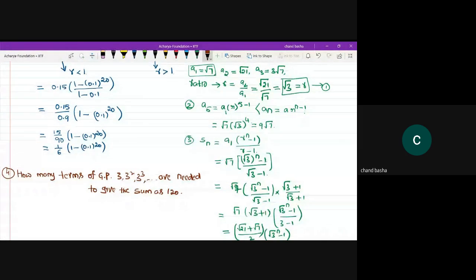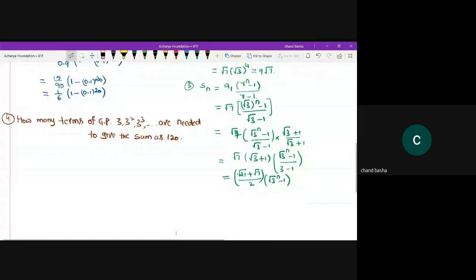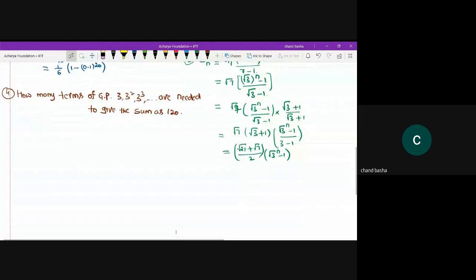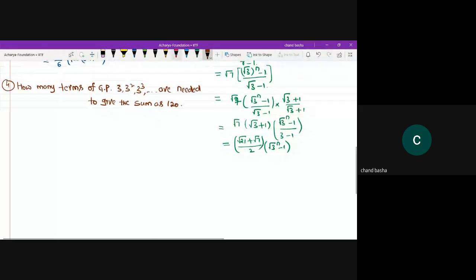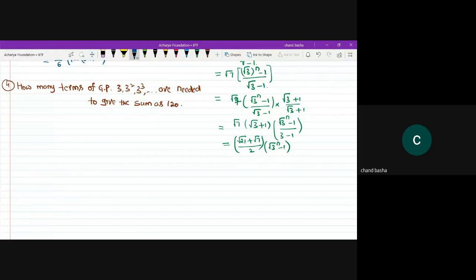So it is also similar to AP concept. Even this type of questions we have discussed in AP, arithmetic progression, also. Let us see, first term is given to you, it is 3, and second term is 3 square. Third term is 3 cube.